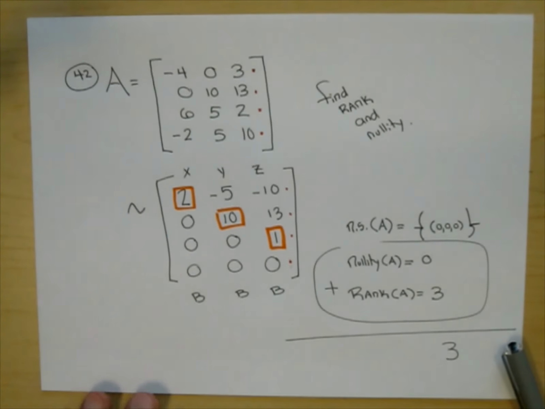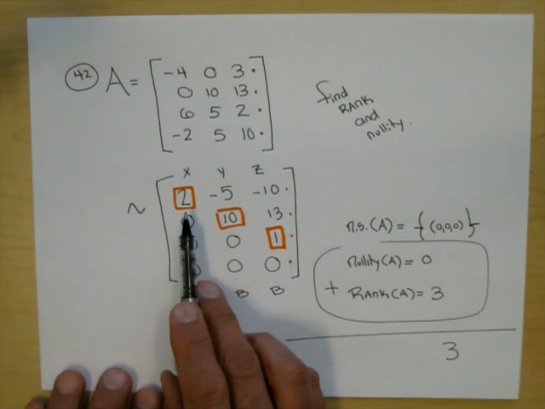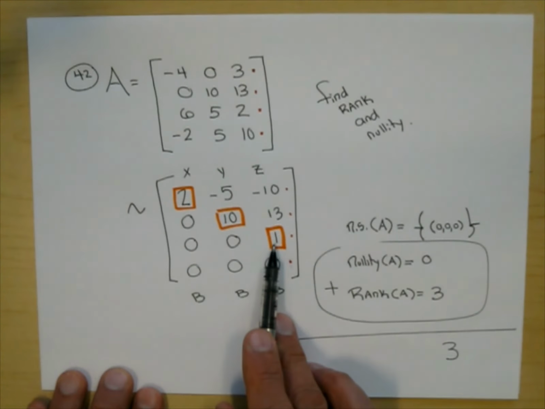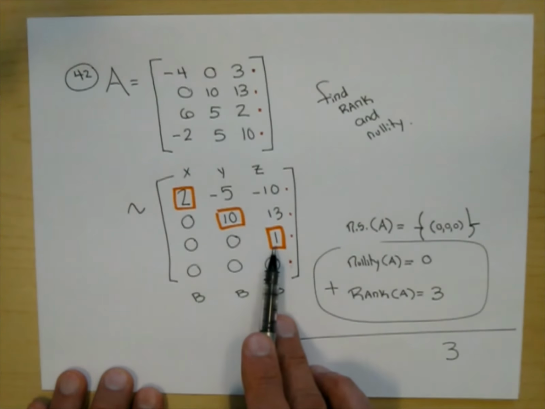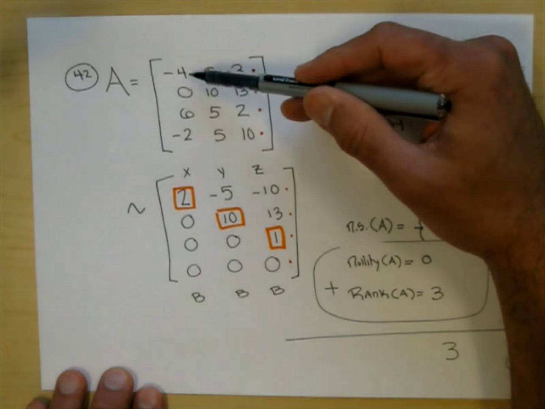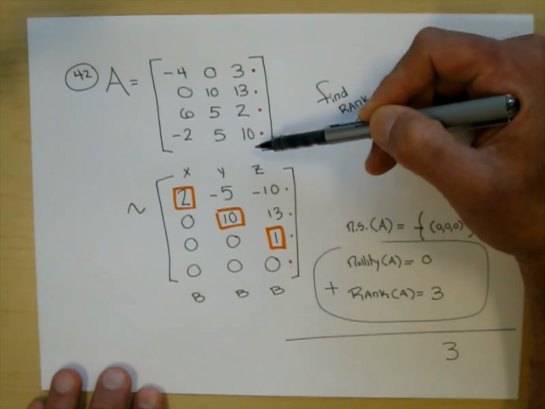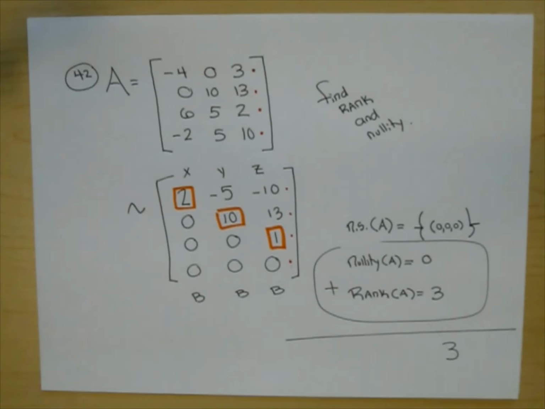If we found the column space and the row space, I'm not going to write them down, but a basis for the row space would be these 3 rows there, and a basis for the column space would be these 3 columns. And those all have dimension 3, not dimension 0. So that takes care of problem 42.